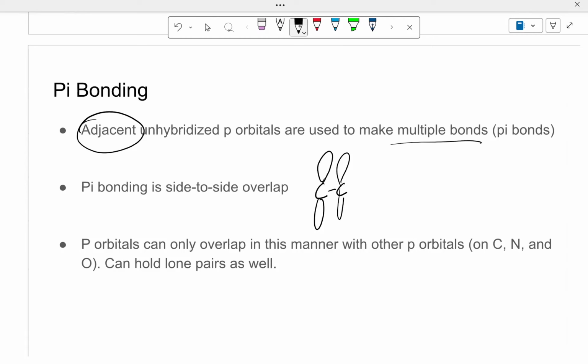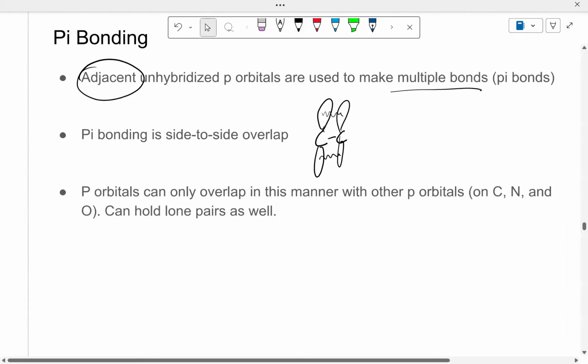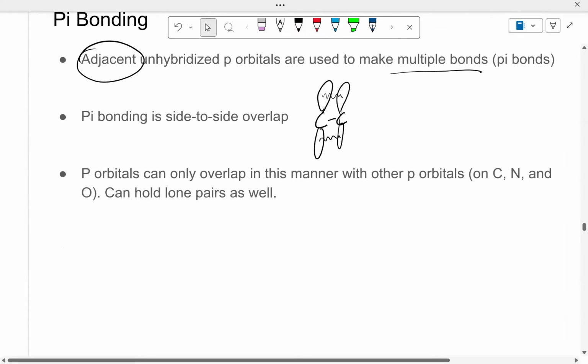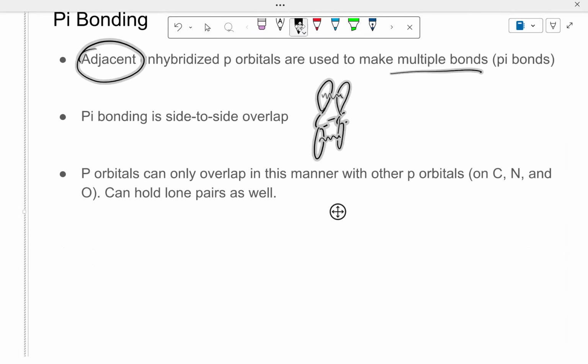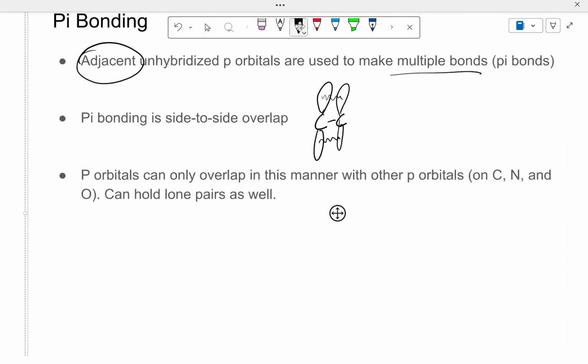So we're going to take these unhybridized p orbitals, and they're going to overlap with each other. And this doesn't have to be just between carbons. This can be between carbon and oxygen or carbon and nitrogen as well. We saw this earlier in some examples that we did with a carbon-oxygen double bond.